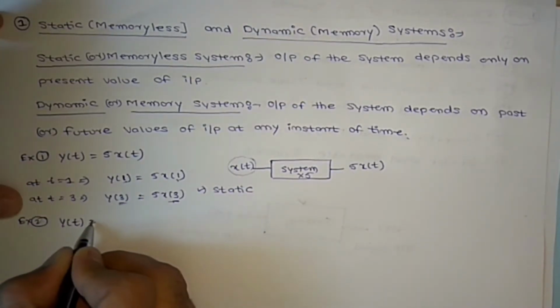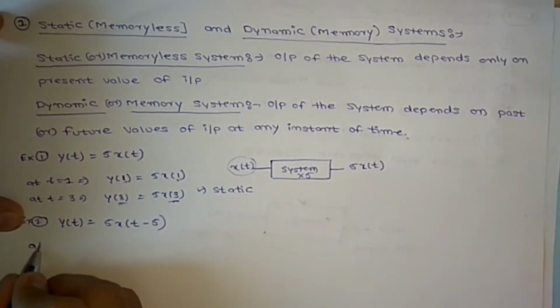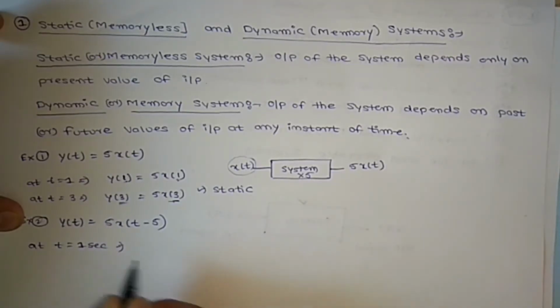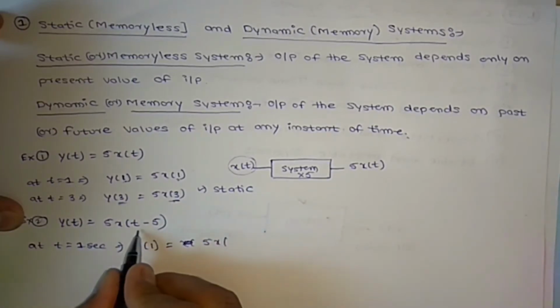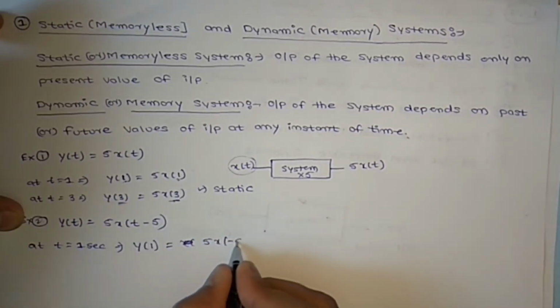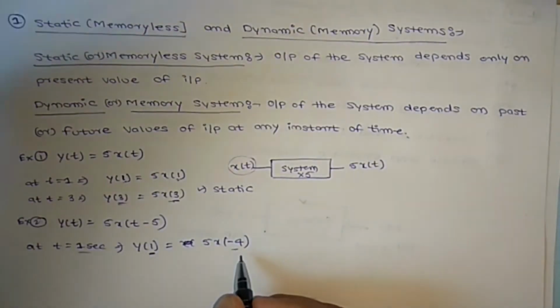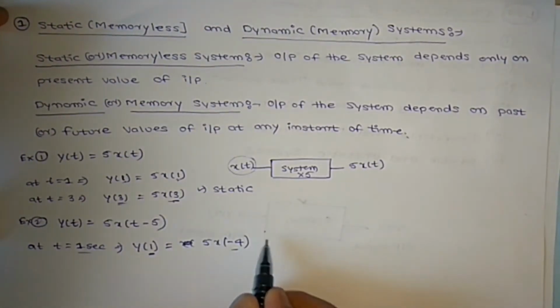Let us see example 2. y of t equal to pi x of t minus pi. At t equal to 1 second, y of 1 equals pi x of 1 minus pi, which is x of minus 4. Here the output at 1 second requires the input at minus 4 seconds. So the system needs to remember, it requires memory, right?